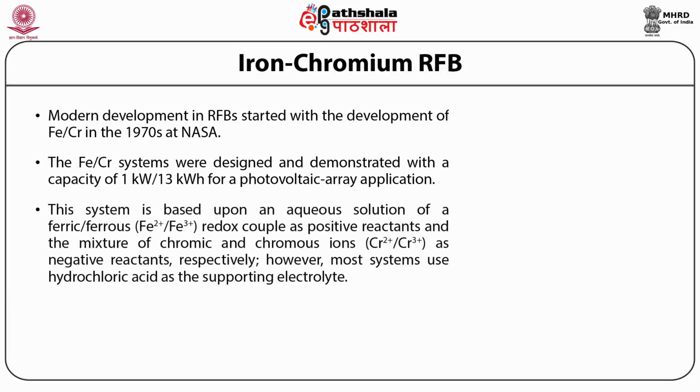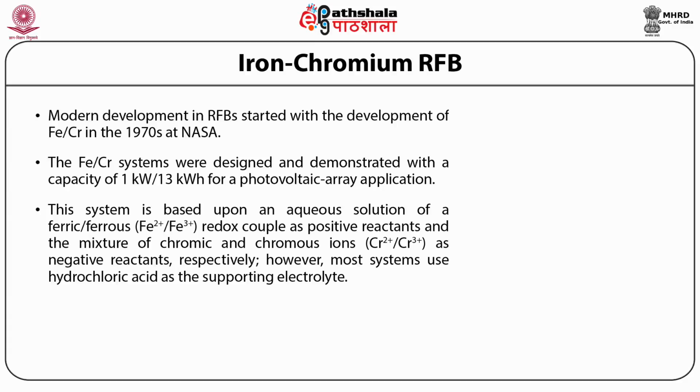This system is based upon an aqueous solution of ferric or ferrous, that is Fe3+ or Fe2+ redox couple as positive reactants, and the mixture of chromic and chromous ions, or Cr2+ or Cr3+, as negative reactants respectively.